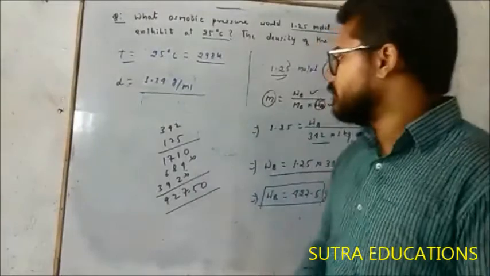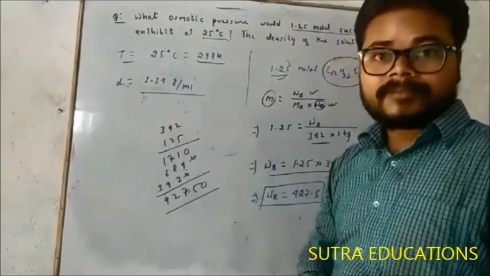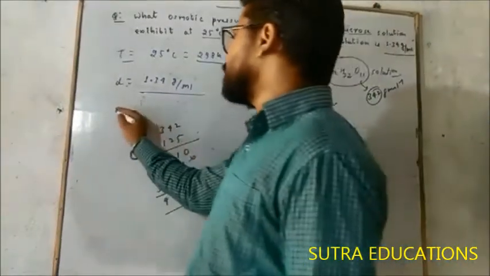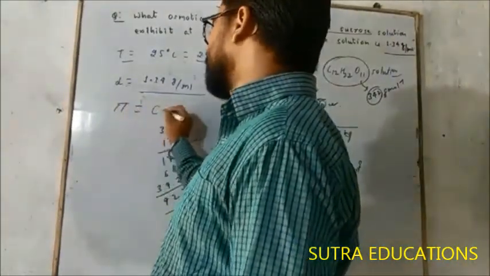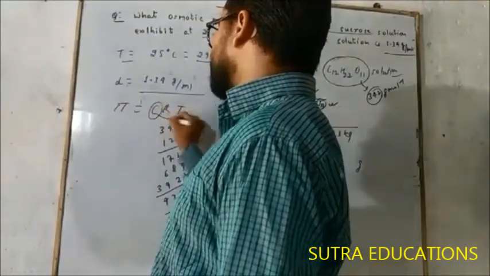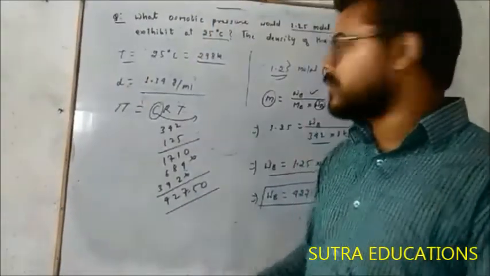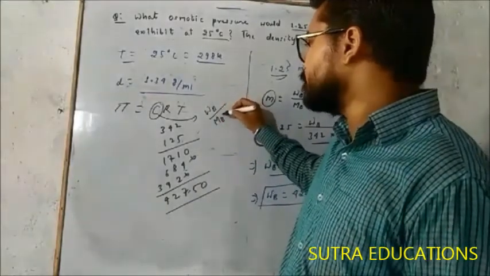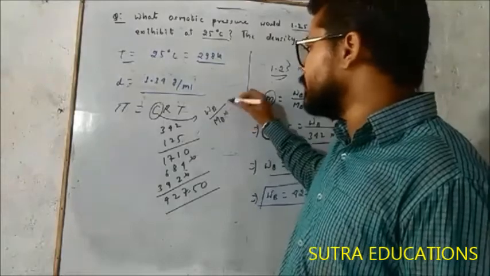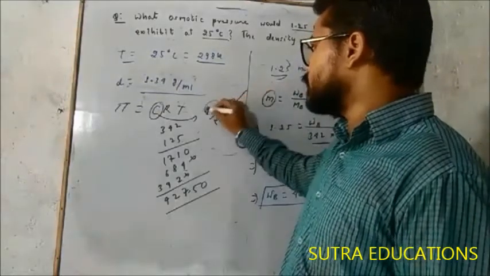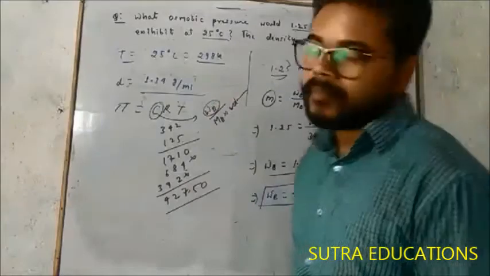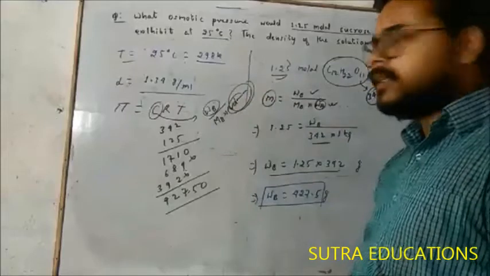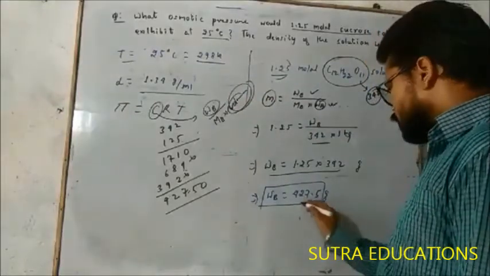Now we can calculate molarity. Why calculate molarity? Because we have to calculate osmotic pressure, and we know osmotic pressure is equal to CRT, and this C is concentration. In terms of molarity, it is WB upon MB into volume of solution in liter. So at first we have to calculate molarity, but to find molarity we have to calculate volume of solution in liter. Okay, so this is mass of solute.